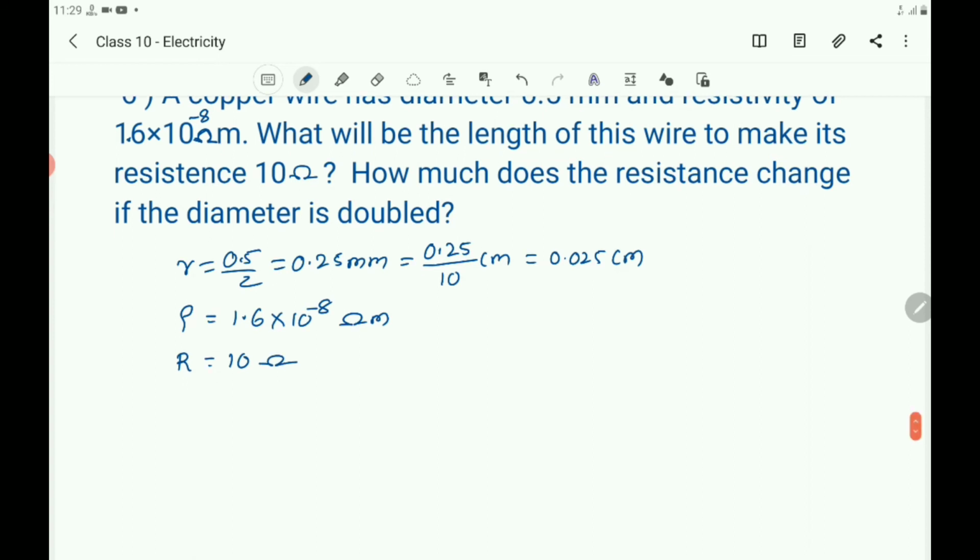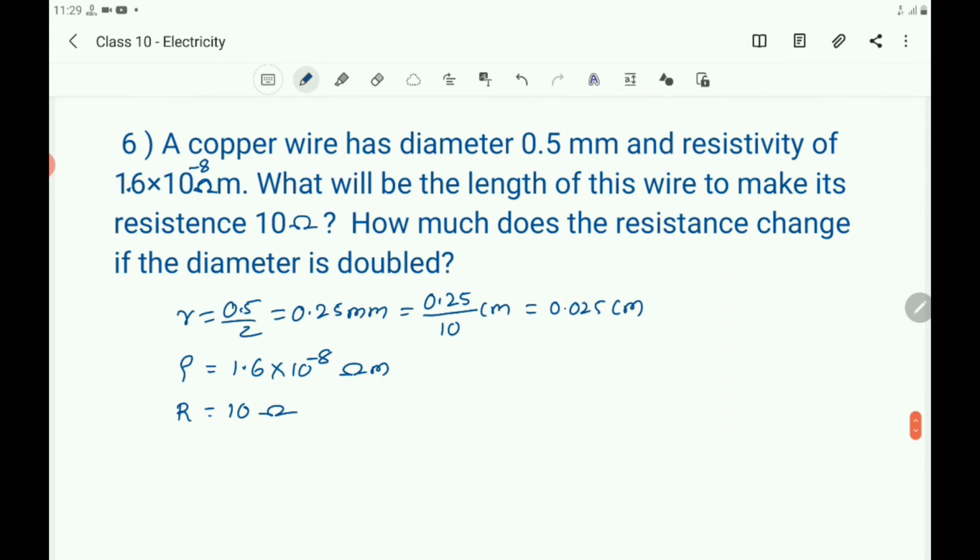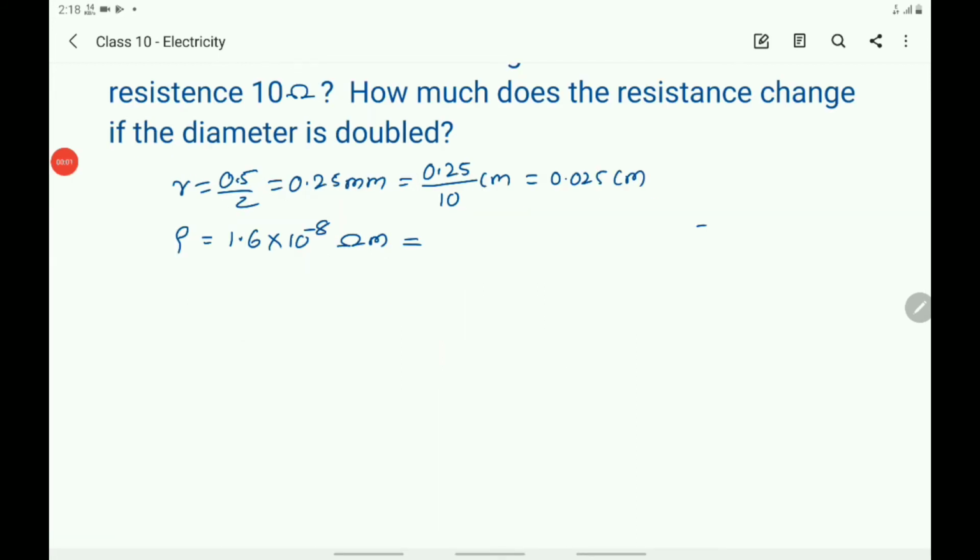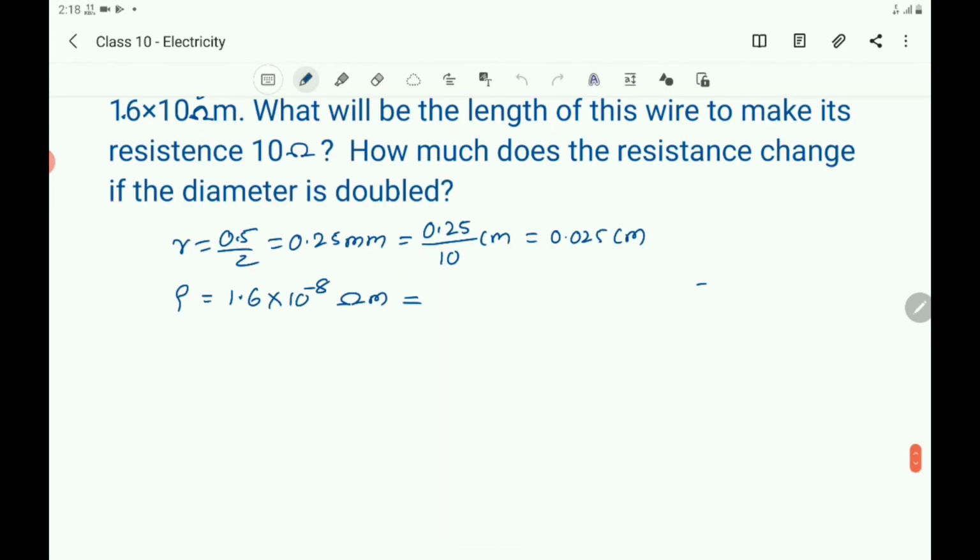Then what is the question here? What we have to find out? How much does the resistance change if the diameter is doubled? Before that, what will be the length of this wire to make its resistance 10 ohm? So here what we have to find out? L we have to find out. L equals, you convert it into centimeter, as this is also in centimeter.